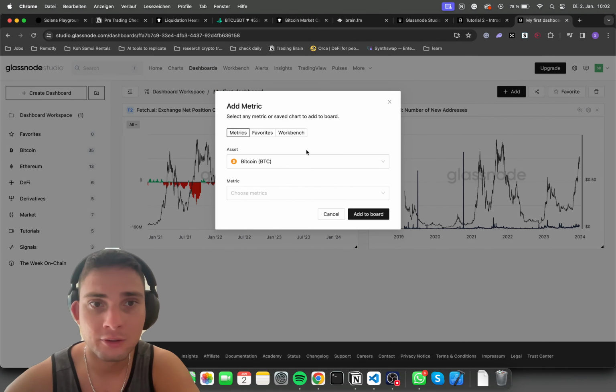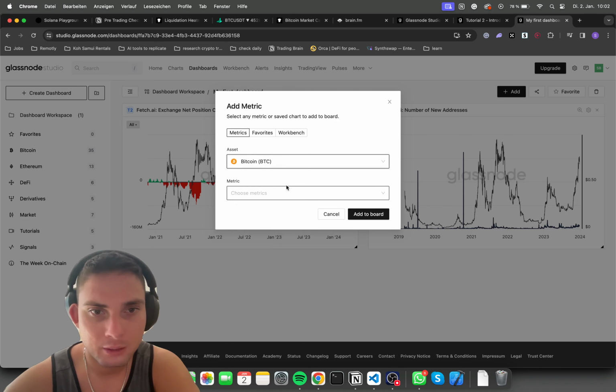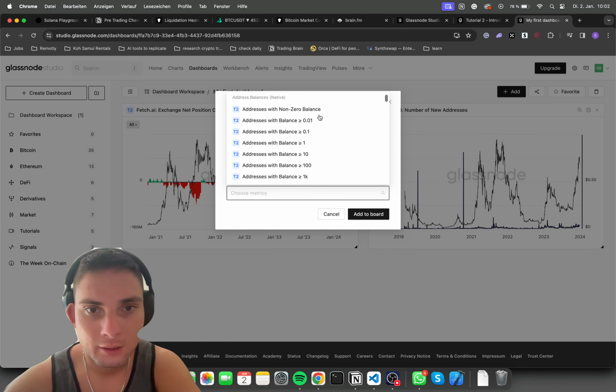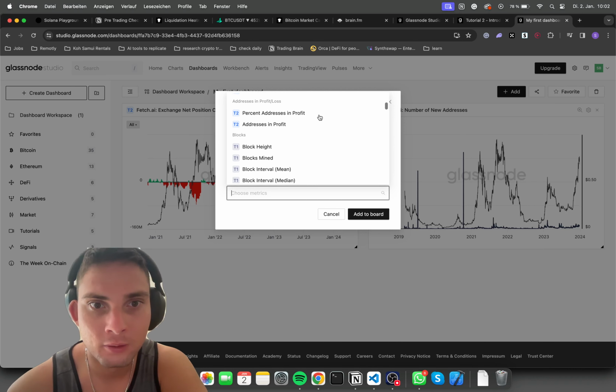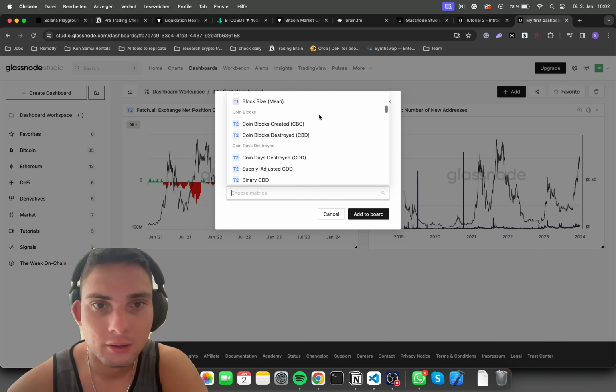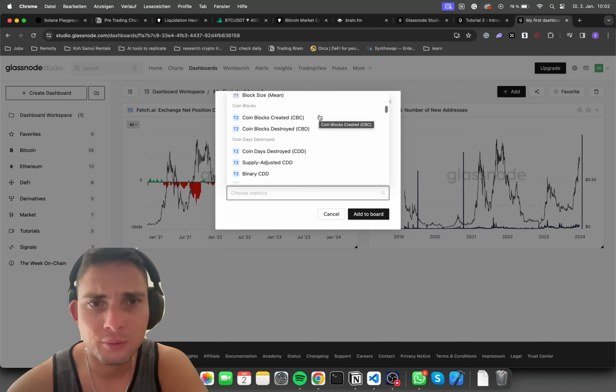Actually, I like Glassnode, and even that you can add notes and videos. I like it. Yeah, Bitcoin. We want the exchange outflow and inflow. Coinblocks, no, the Coinblocks.